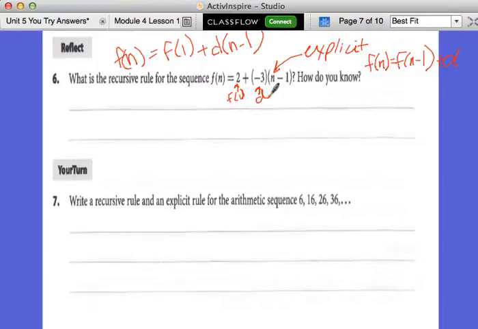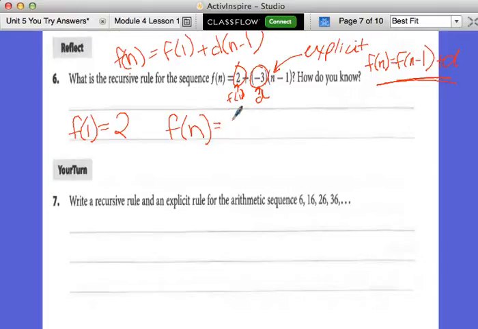So now I take these numbers, 2 and negative 3, and I plug them into my recursive. So f of 1 is equal to 2, then the function is f of n equals f of n minus 1, and you could do this one of two ways.